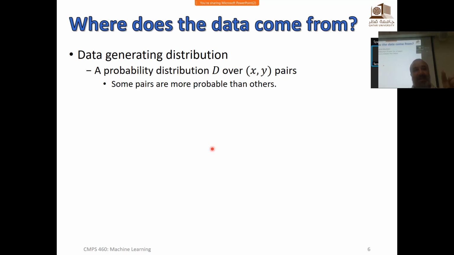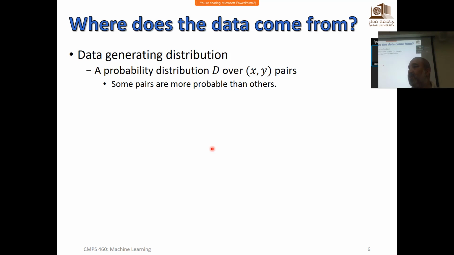X is an instance, an example, which is a feature vector, and y is the corresponding label for that example. So every x and y pair, we'll assume that it has a probability to be seen, to be observed. Where does this probability come from? From a specific distribution, the distribution that generated the data that we see.